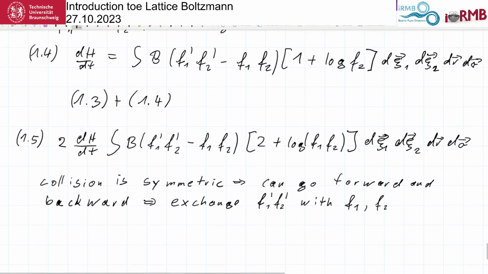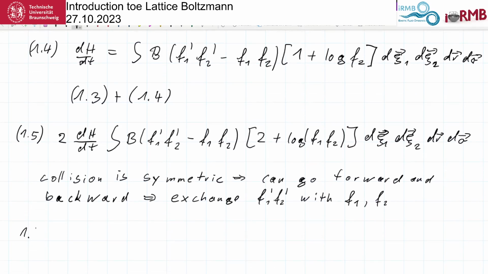So what happens if we do this? Then we have 2 times the derivative of eta is equal to the integral over b of f1 f2.